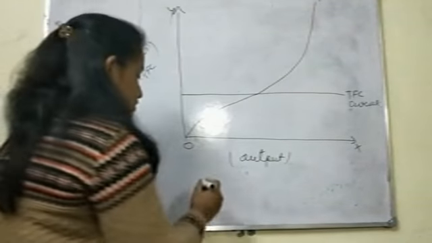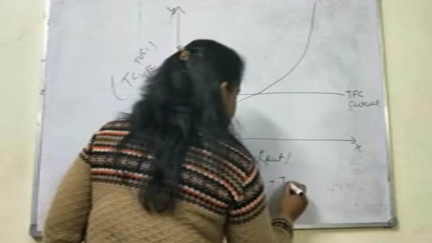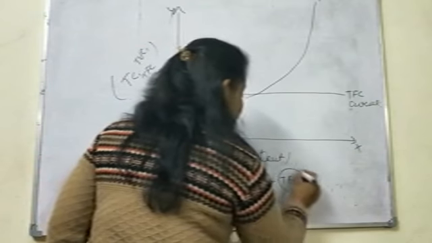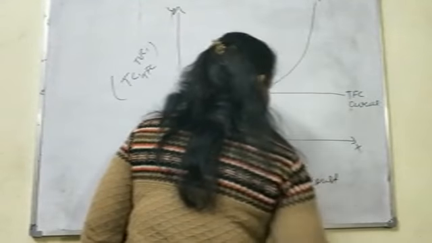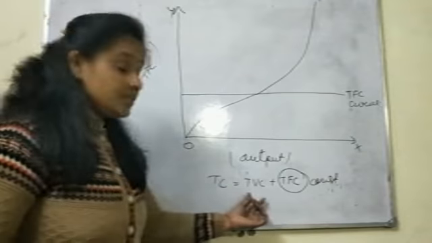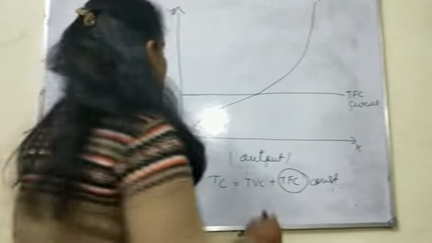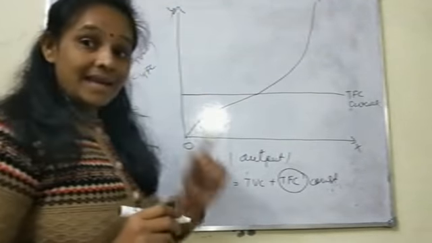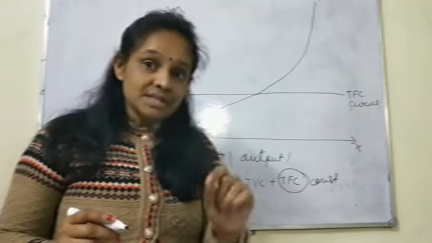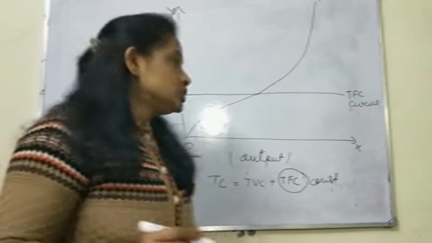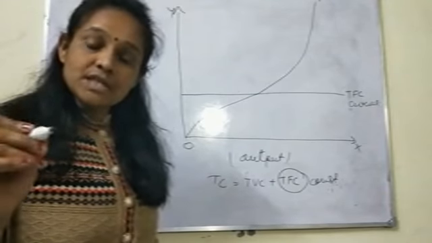Now, as I told you, TC is equal to TVC plus TFC. As TFC is constant, TC will be parallel to TVC because TC will follow TVC. Is it clear? At zero level of output, TC and TFC are equal. So TC and TFC, that is total cost and total fixed cost, start from the same point.